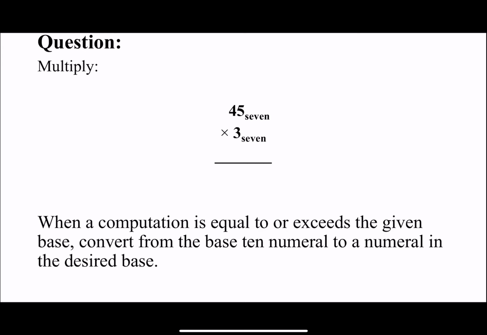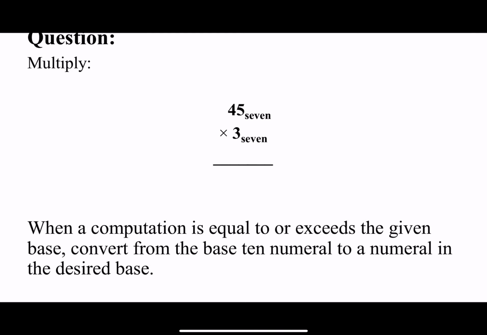Okay, so 4, 5, base 7 multiplied by 3, base 7. Let me write down the digits that are allowed. It's base 7, so the digits that are allowed are from 0 to 6: 0, 1, 2, 3, 4, 5, and 6.